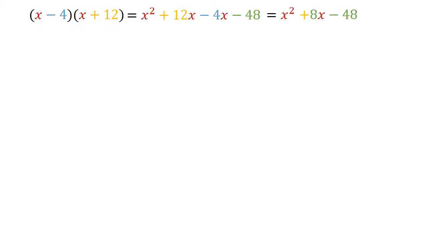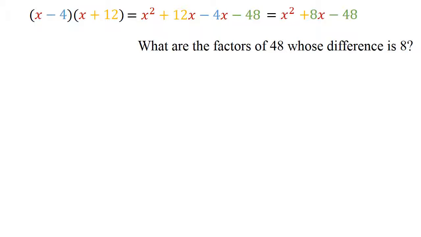So what I'm going to ask myself in this question is not what are the factors of 48 that add and give me 8, but what are the factors of 48 that subtract, or whose difference is 8. So again, you're basically reading that trinomial in reverse. You're asking yourself, what are the factors of 48 whose difference is 8? And notice the sign of the 8 is the larger number. So whichever of the two numbers is larger, you're going to take that sign. So the fact that this is a positive 8x tells me the larger number is positive.